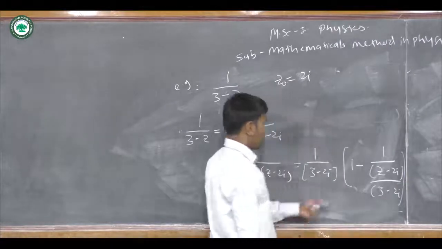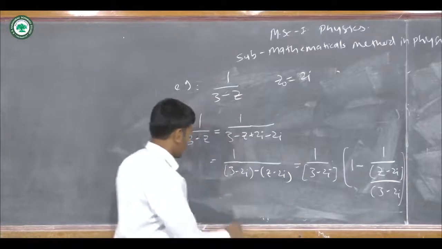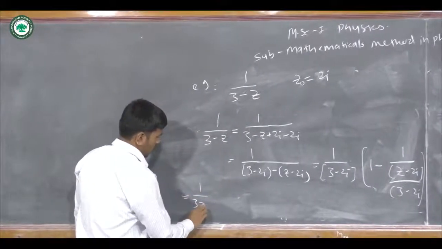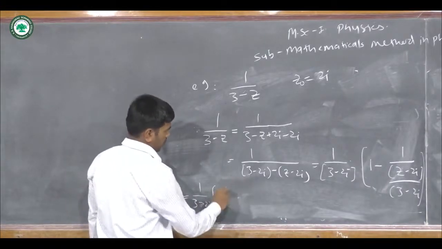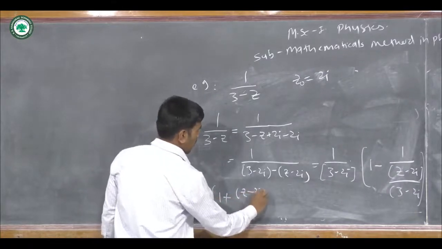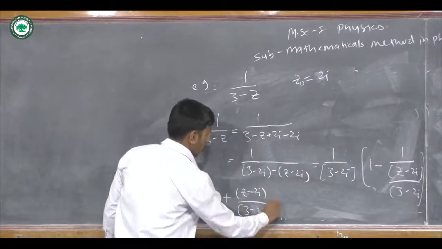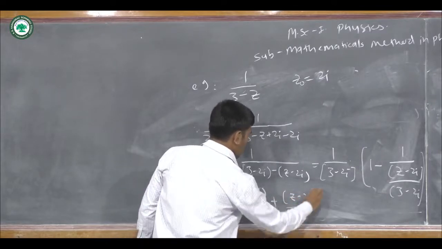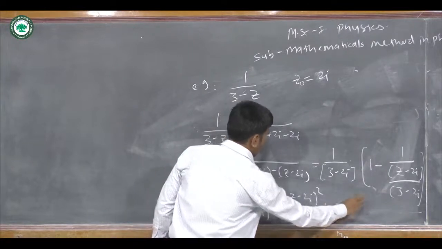Okay, similarly, if we expand by the binomial theorem, this becomes 1 divided by 3 minus 2i into 1 plus z minus 2i divided by 3 minus 2i plus z minus 2i whole square divided by 3 minus 2i whole square, and so on.